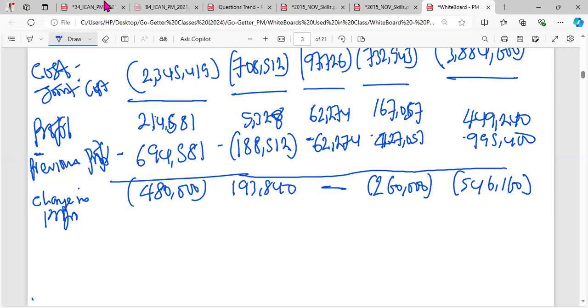So it means here that if you do without splitting and you sell to processors, you are going to increase your profit by 480 for W. You are going to reduce your profit by 193,840 for X. For Y, doesn't affect. For Z, you are going to increase your profit.